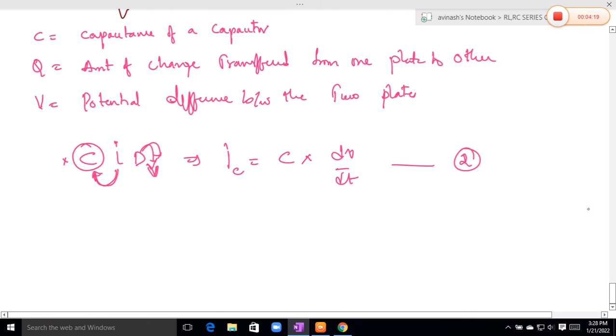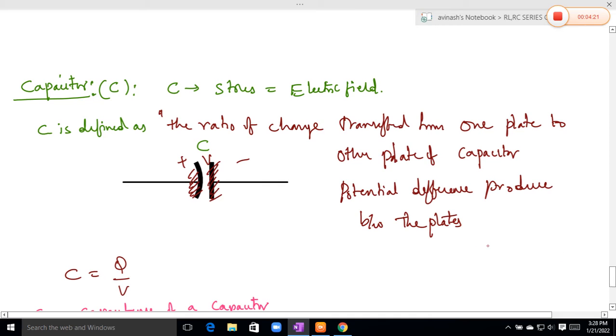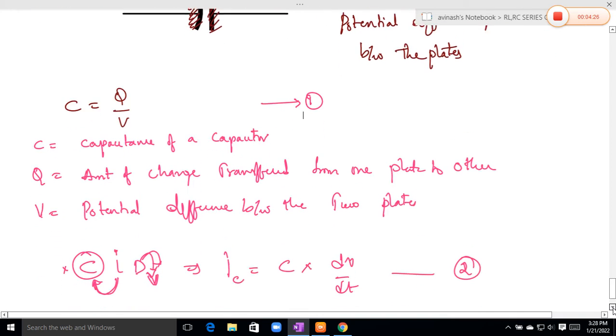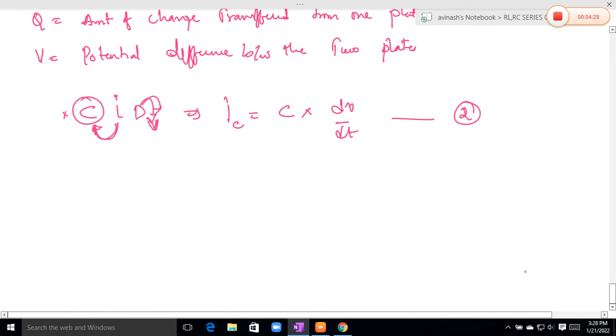Let us take this as equation number 2, and the earlier one as equation number 1.